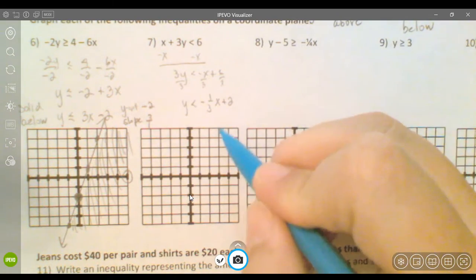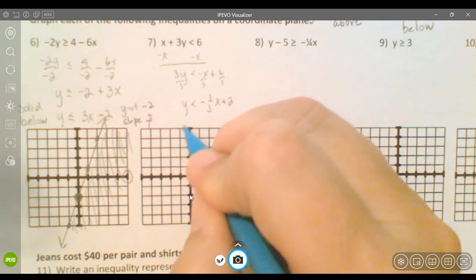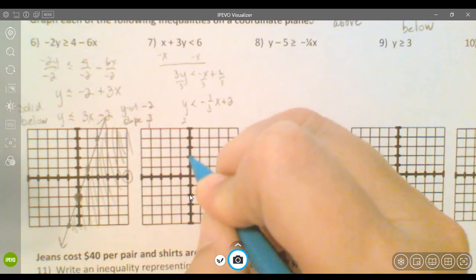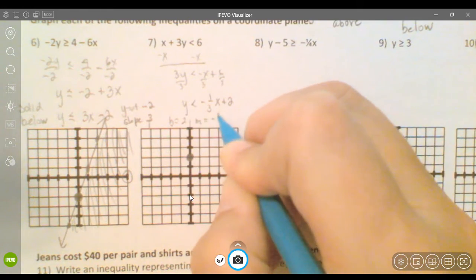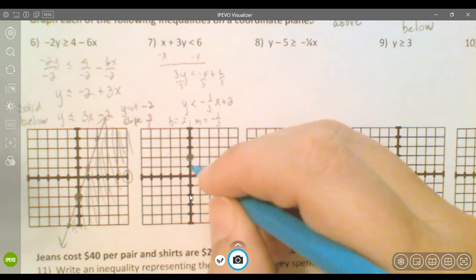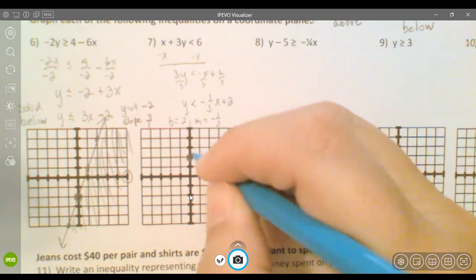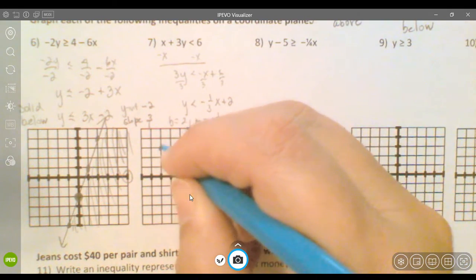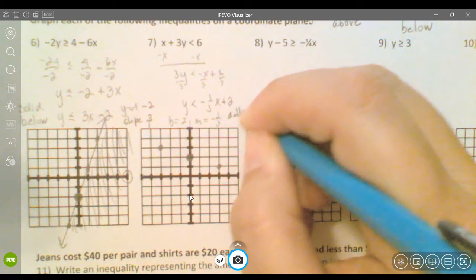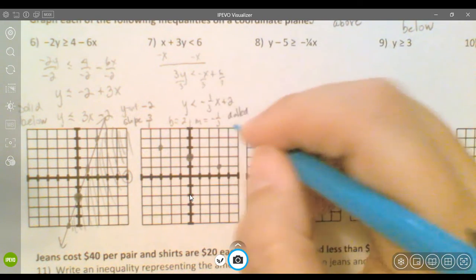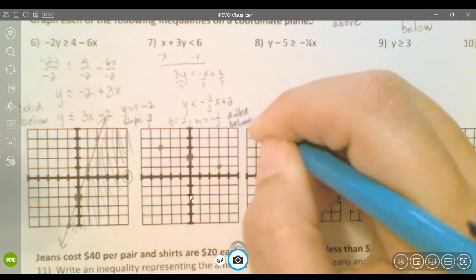Okay, so here our y-intercept is 2. Slope is -1/3, down 1, to the right 3, or up 1, to the left 3. It is a dotted line, and we shade less than is below.